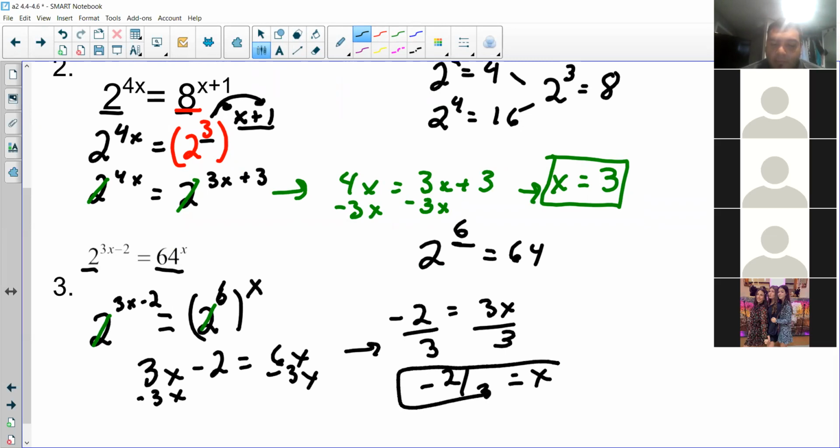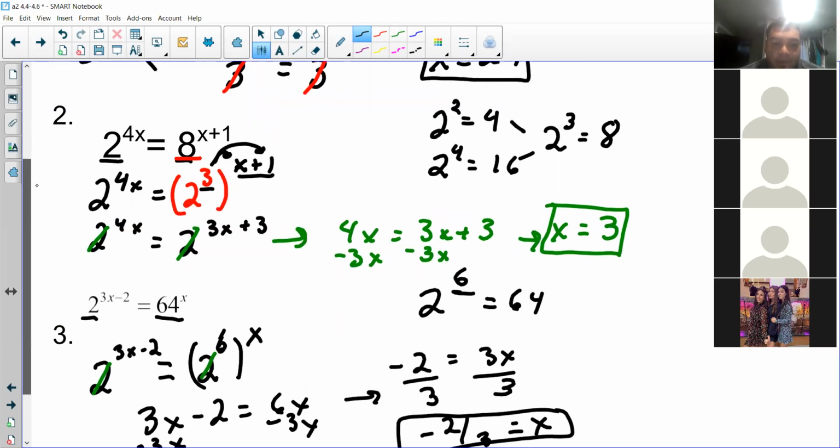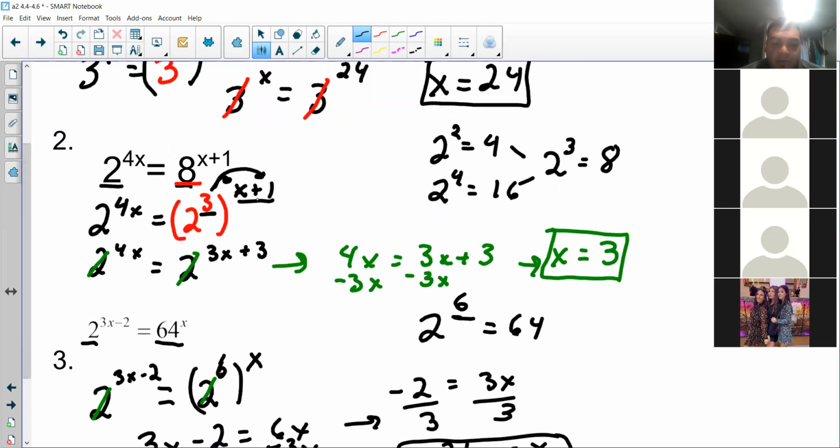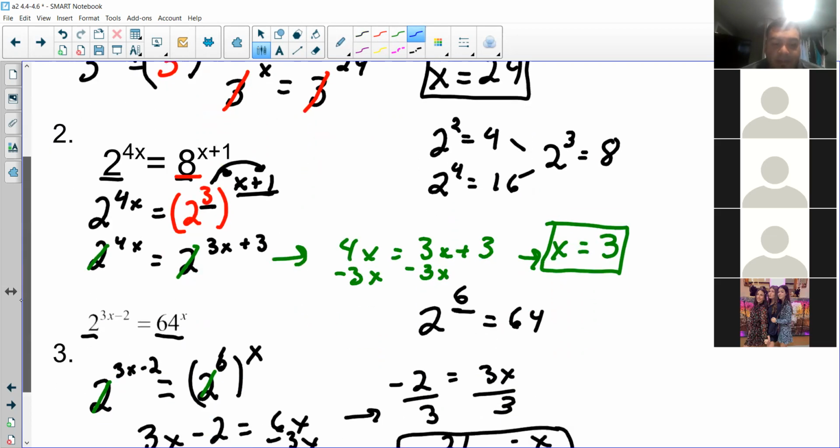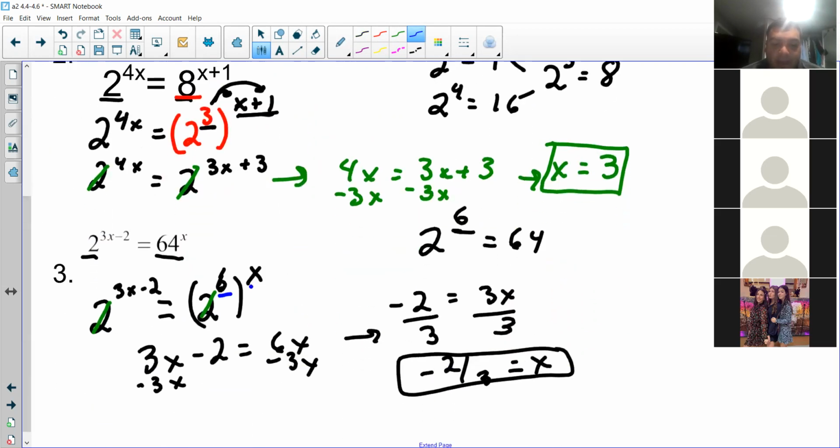Wait, why'd you keep the x with the 6? Oh, just like here, Alyssa, when you do the new base of the exponent, you have to multiply the original with it. So it has to be 6 times x, so that would be 6x.